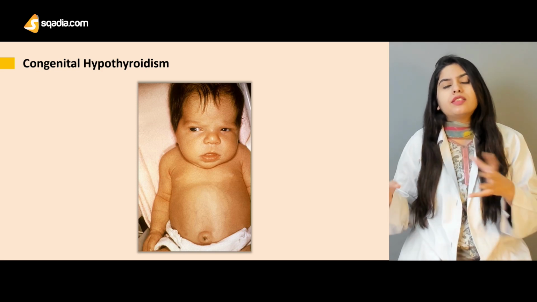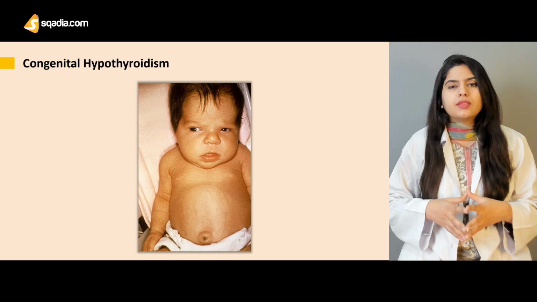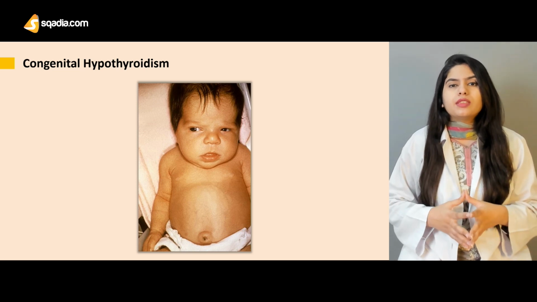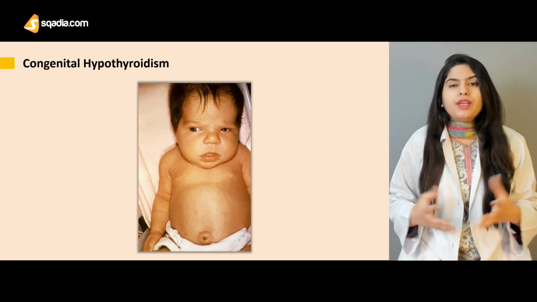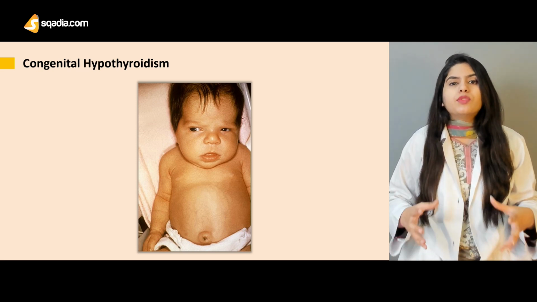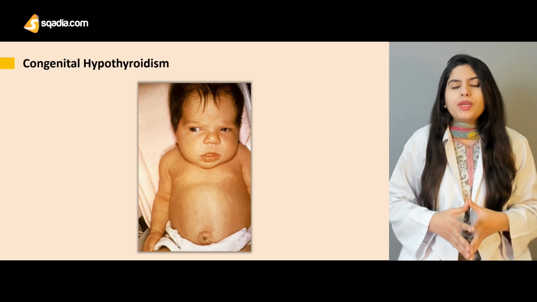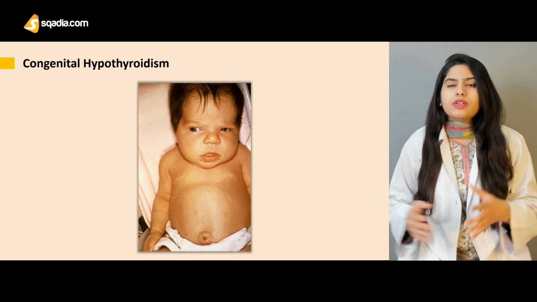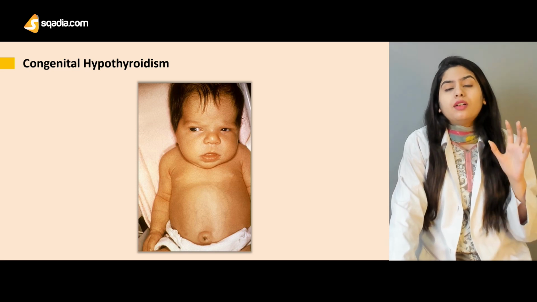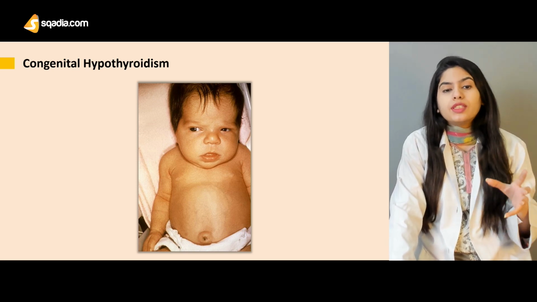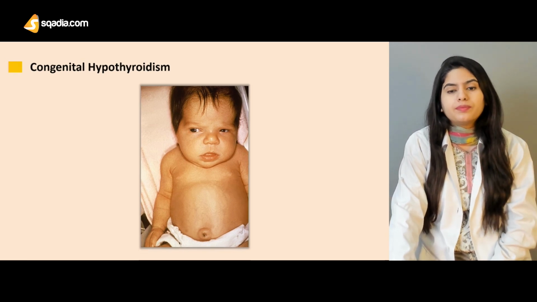In hypothyroid cretinism, there is myxoedema, iodine deficiency, puffy face, swelling of the skin, swelling of the lower leg, and a large abdomen. All of these are symptoms of congenital hypothyroidism, and you can observe these features in a baby who is born with hypothyroidism.